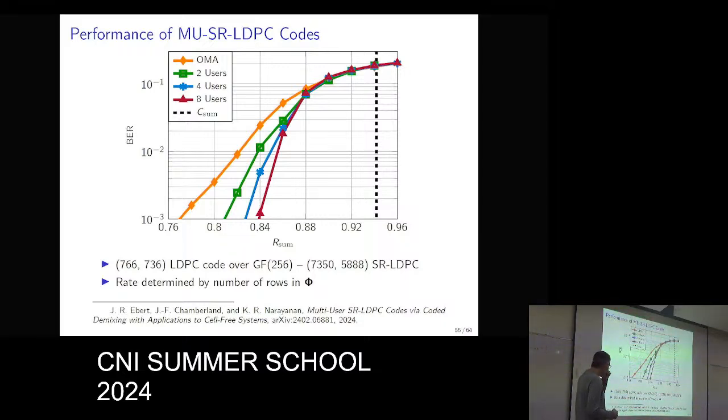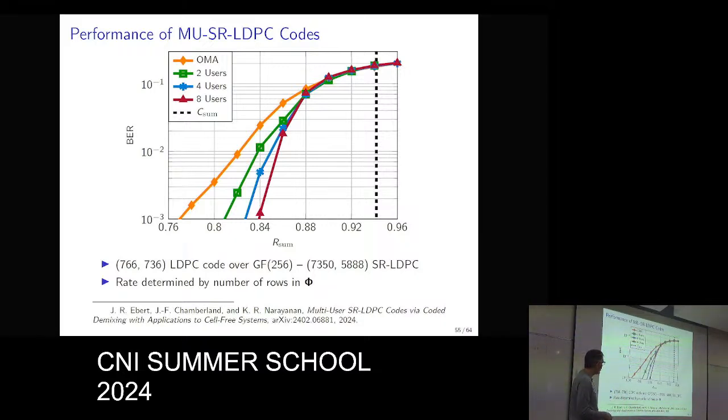And what we did is we ran AMP, got the performance for a single user, for 2 users, 4 users, and 8 users to see how it would perform. And what you can see is it performs quite well. First of all, there's not a decay. It's a performance improvement. So it takes advantage a little bit of the fact that TDMA is not optimal for finite block length.